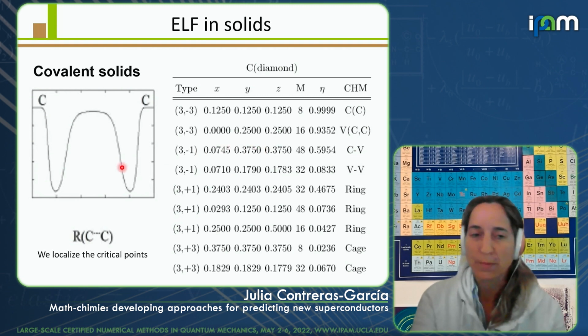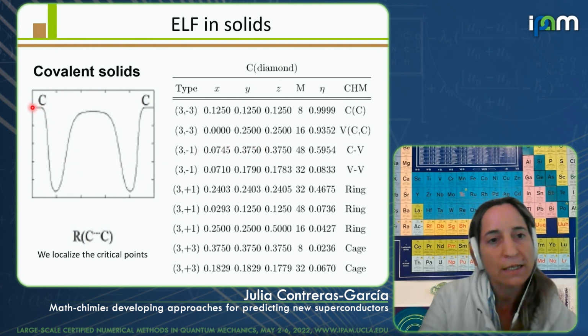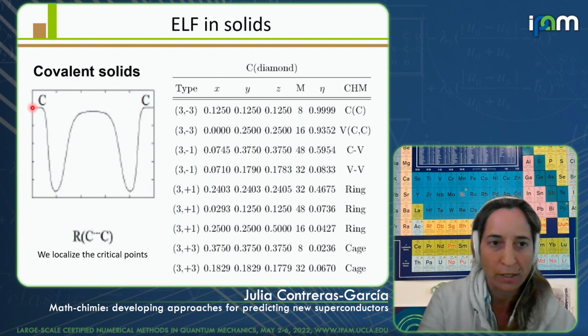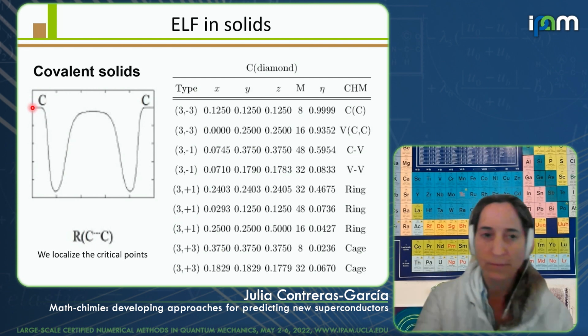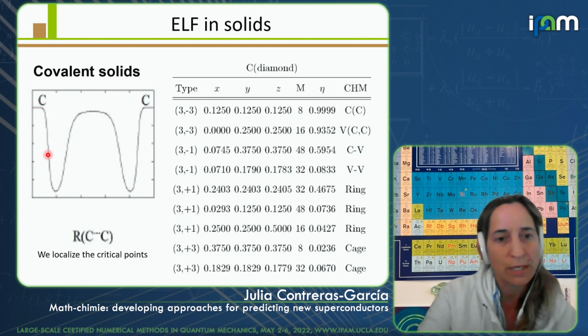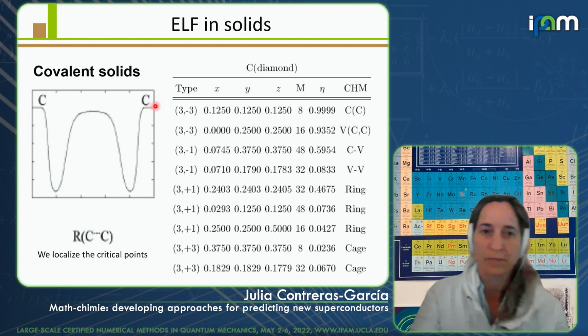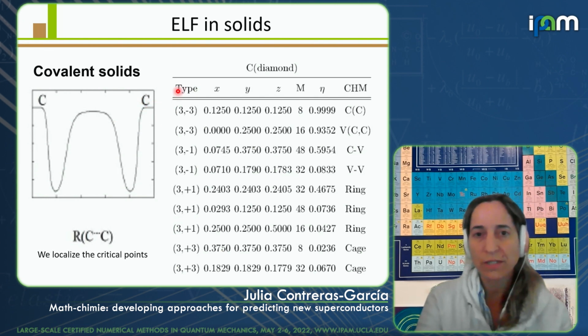So this is for diamond. Diamond is a form of carbon atoms joined in a fourfold manner. Here we have one carbon atom, the carbon-carbon bond, and another carbon atom. That's what you get from the electron localization function, and that's the list of critical points that you get from the code.